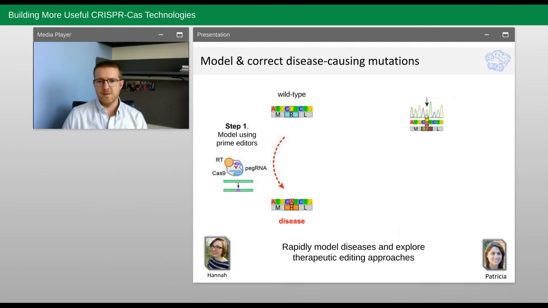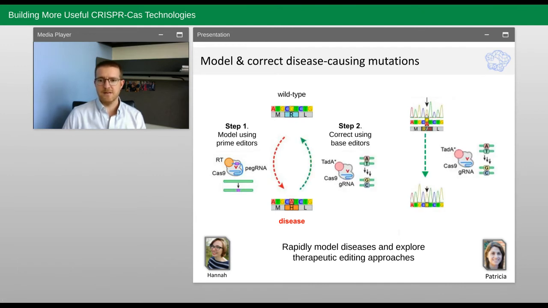But then using one of our PAM variant base editors, the ABE, we were able to essentially correct this back to wild type to near 100% efficiency in this experiment, showing that we can very quickly iterate through this pipeline now of making the cell line with the prime editor and using all these new relaxed PAM variant base editors we have at our disposal to explore therapeutic correction of this disease-causing sequence.